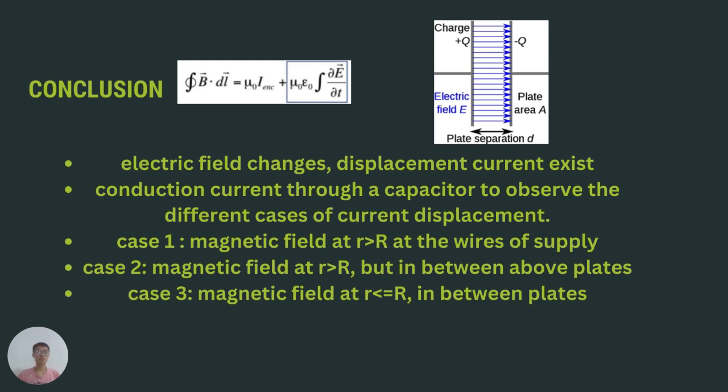The same goes, the electric field is equal to zero, so there is no displacement current, just the conduction current. Lastly, case 3 is the magnetic field at r smaller than or equal to the radius of the plate, in between the plates. Because the electric field is not zero, it means that it is always changing over time. Plugging the parameters into the Maxwell equation, you will find that it is the conduction current plus the displacement current.